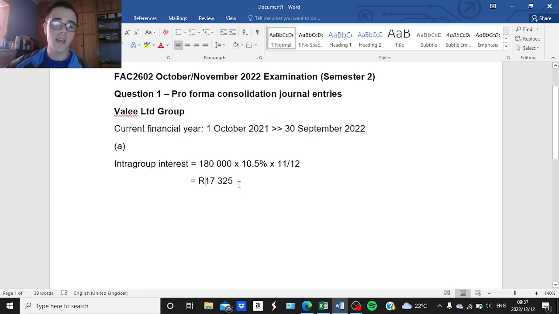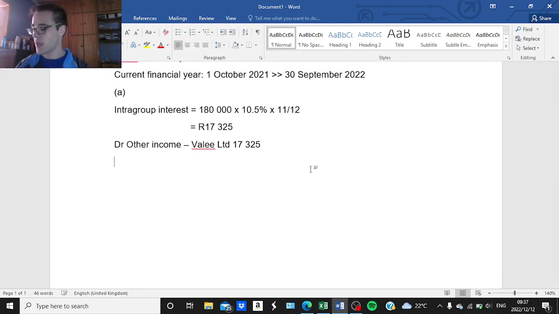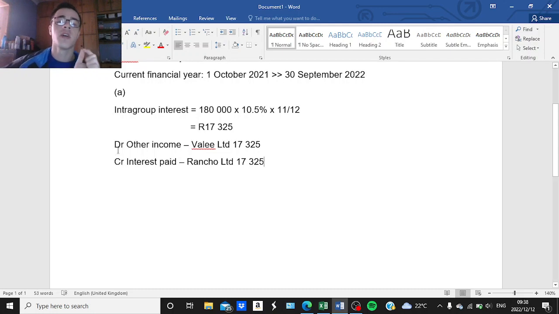So normally you would debit other income of Value Limited by 17,325, because once again, remember that they have included the intergroup interest in their other income. They would have received the interest, and we need to credit finance cost or interest paid by Rancho Limited, 17,325. So this is how the journal entry would normally look.